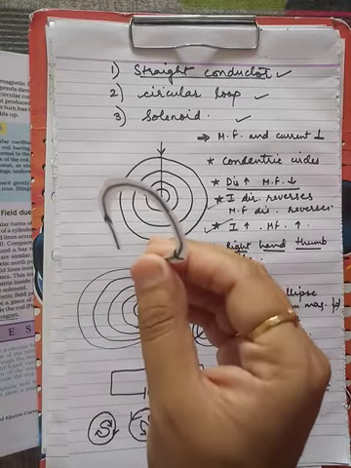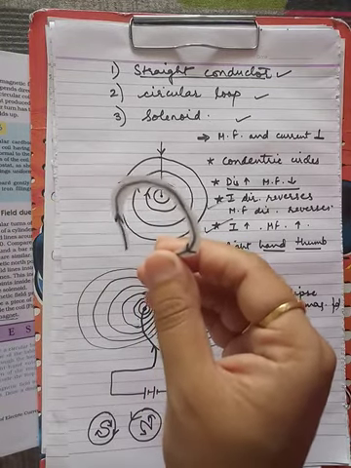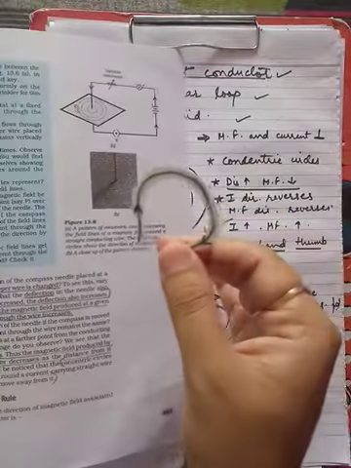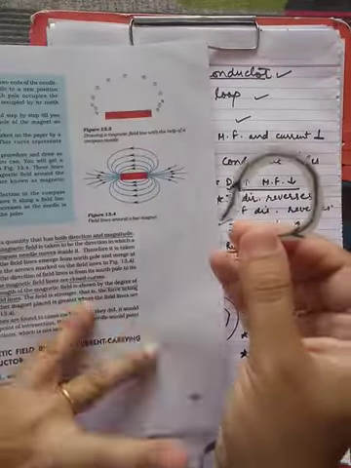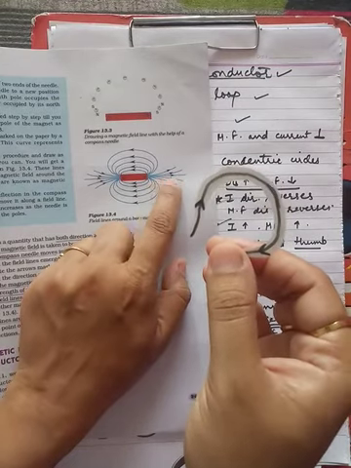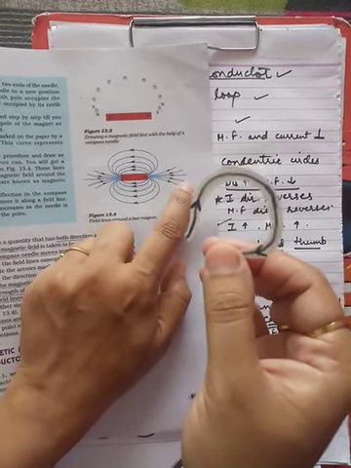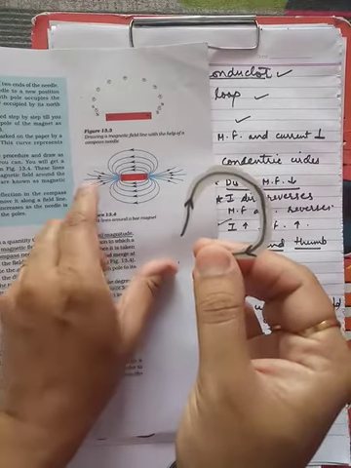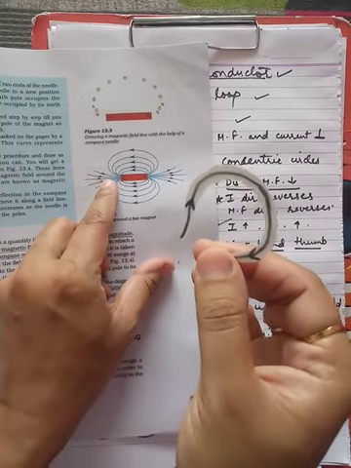For south pole and north pole clarity, I will again show you the diagram of the bar magnet. In this case, look, from the north pole the lines are coming out, and towards the south pole the lines are going in.